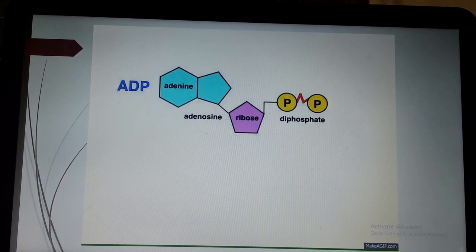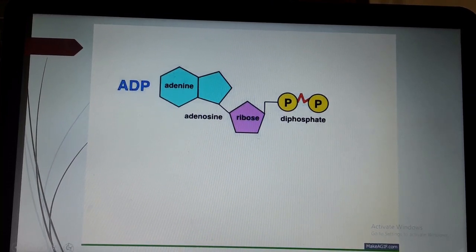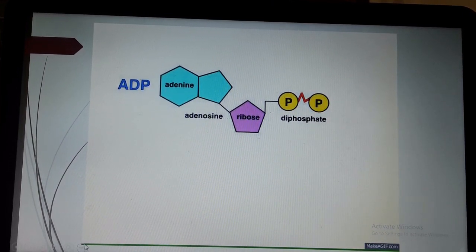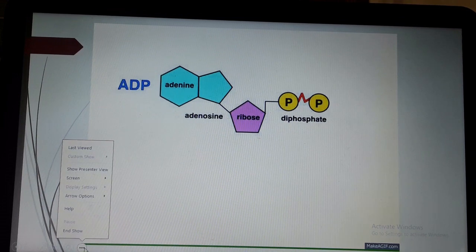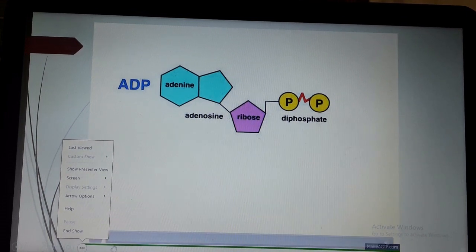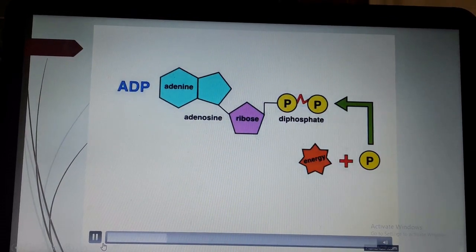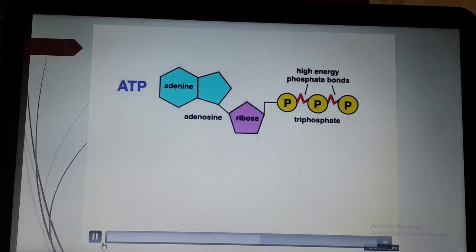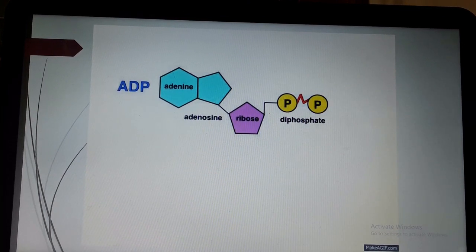Now this one, take a quick look. So again you can see clearly how high energy phosphate bonds are broken. Hopefully you understood. Adenine, the cyan color, that's the nitrogenous base.